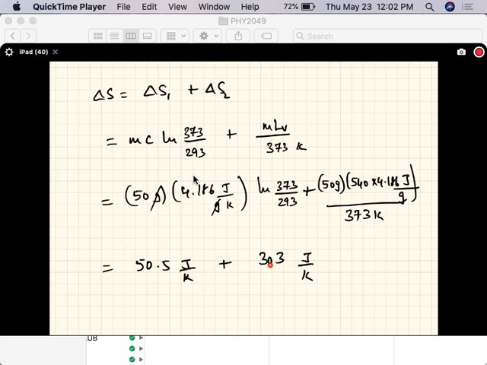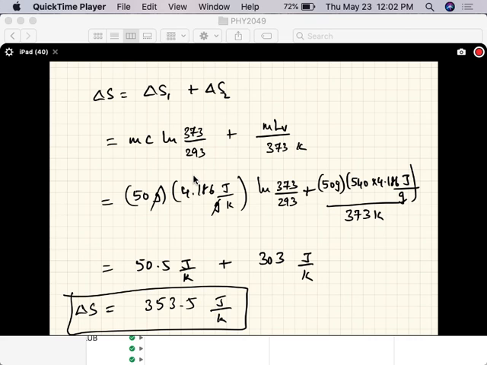Anyway, you can see that the change in entropy is 6 times greater during vaporization. So the total entropy change, of course, is 353.5 joules per Kelvin. And the greatest entropy change came during the phase change.